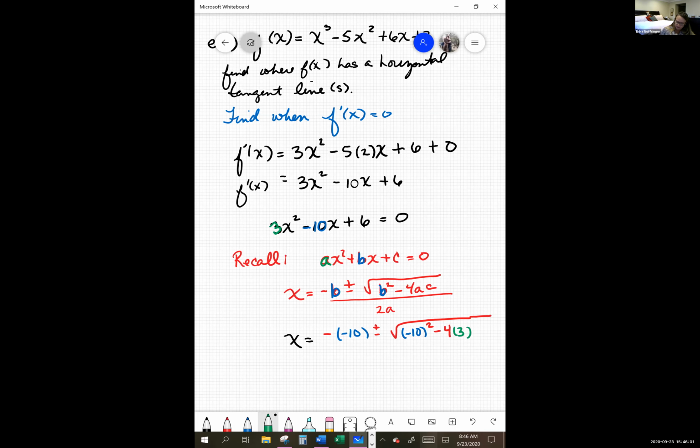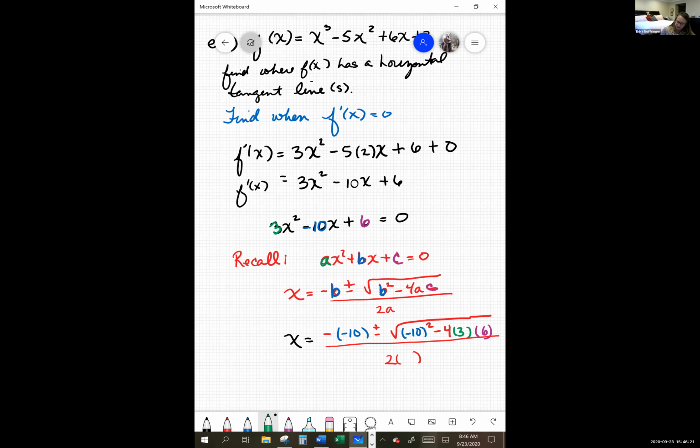There's our c value, which is 6, all over 2 times a.